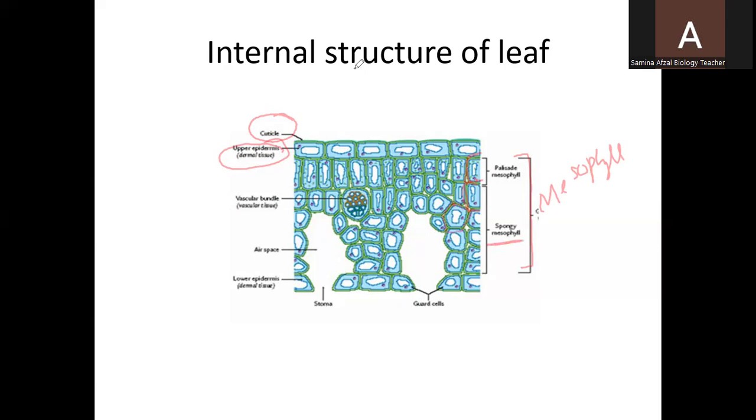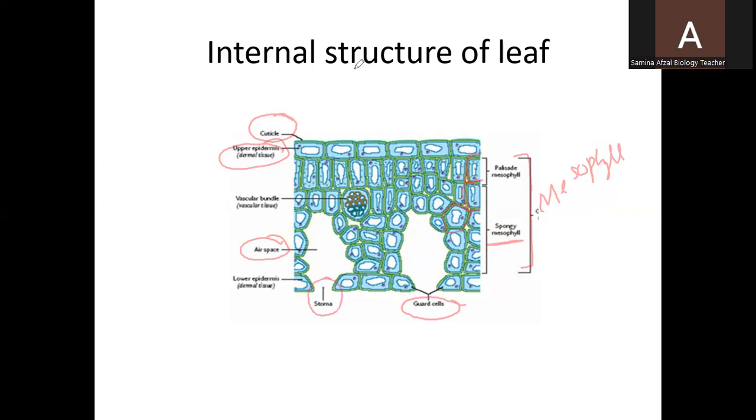Among these spongy mesophyll cells, air spaces are also present. And the lower epidermis has special cells called guard cells. Between two bean-shaped guard cells, there is a pore which is called the stoma.